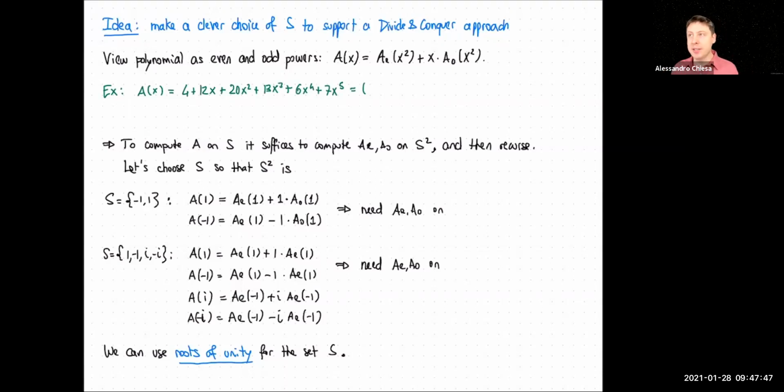And when I say even and odd coefficients, I specifically mean the coefficients of odd and even powers. Obviously, I'm not looking at whether the coefficients are themselves odd or even. So first, for the coefficients of the even powers, I would gather 4, because it's 4 times x to the 0, and 0 is even. I would write 20x squared because 2 in the exponent is even. And then I would write 6 times x to the 4th.